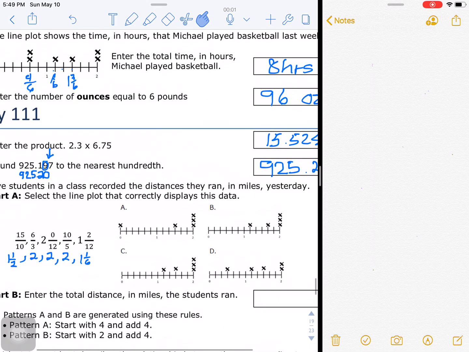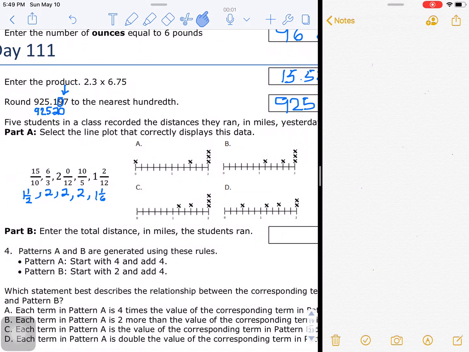And what I notice right away is I'm looking for a line plot that has 3 2's. And we see 3 of those are possibilities: A, B, and C. So I'm going to cross out D because it cannot be D. Okay.